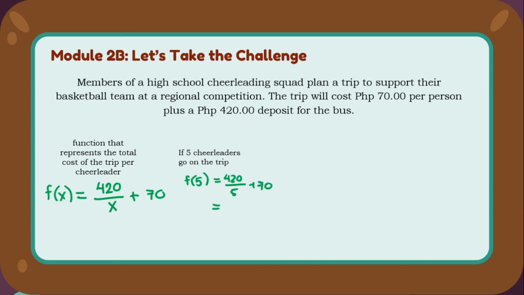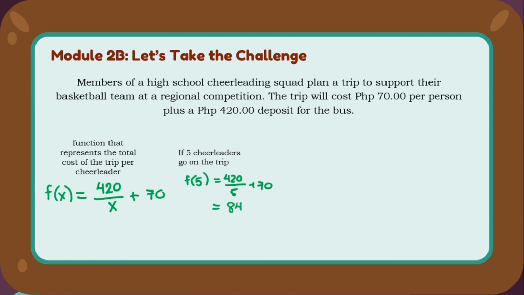Okay, class, grab your pen and paper and let us solve. What is 420 divided by 5? 420 divided by 5 is equal to 84.